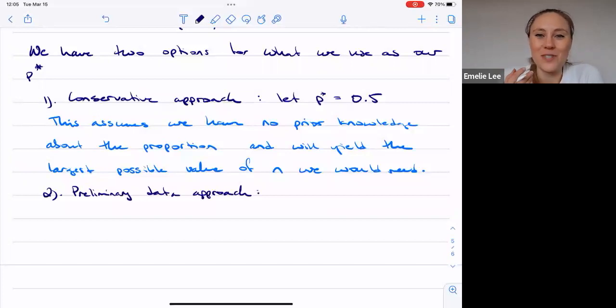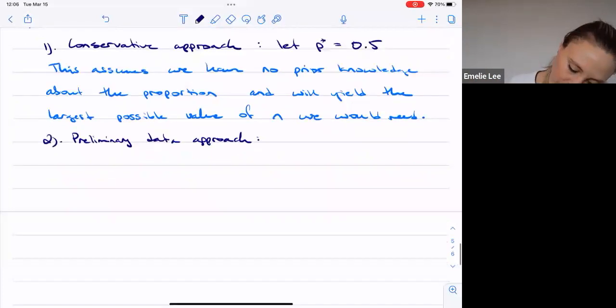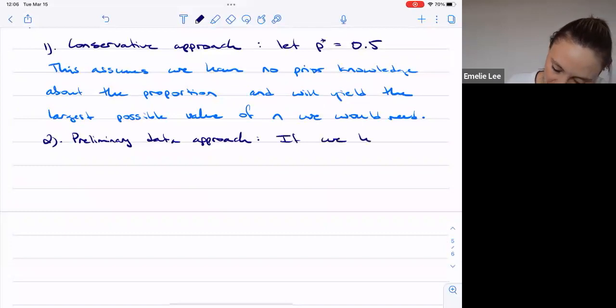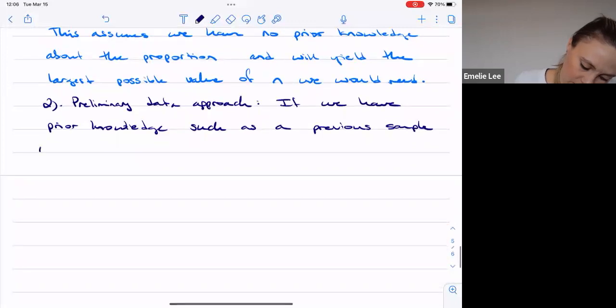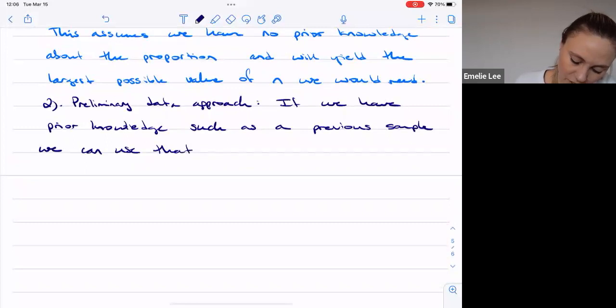So if we have some prior knowledge, for example a previous sample, then we can use that sample proportion as our p star.